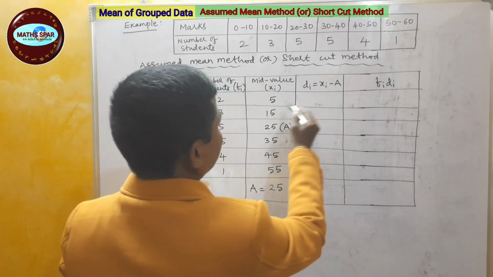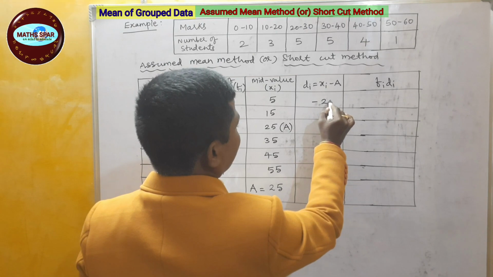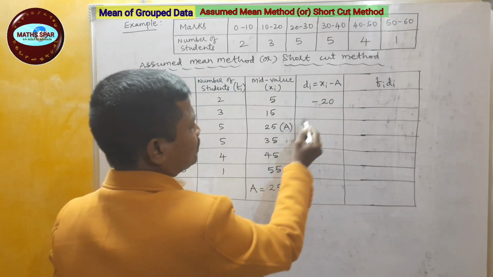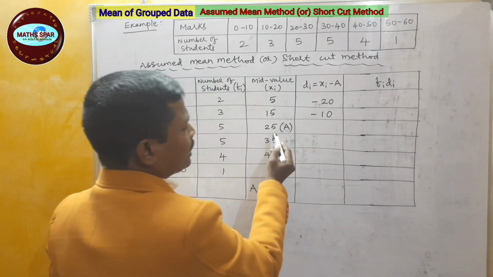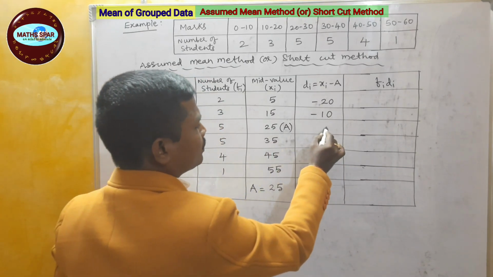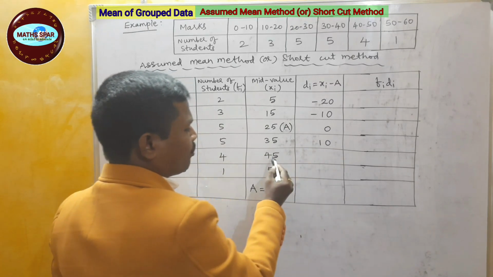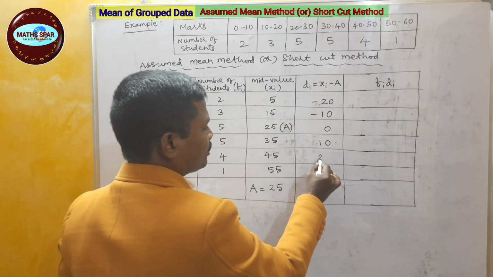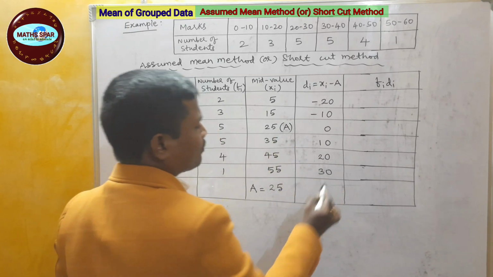So di is equal to xi minus a, 5 minus 25, which is minus 20, then 15 minus 25, minus 10, then 25 minus itself, 0, then 35 minus 25, 10, 45 minus 25, 20, 55 minus 25, 30.